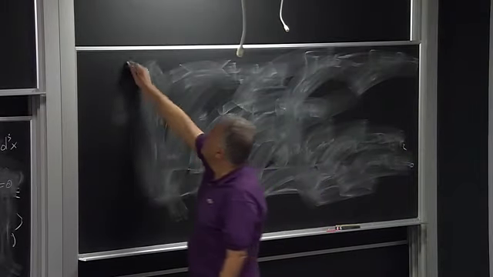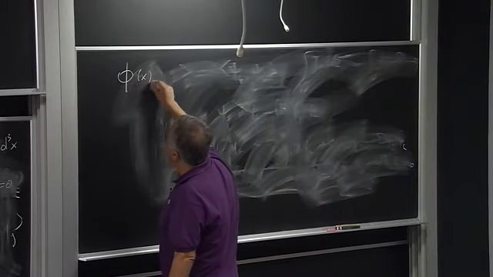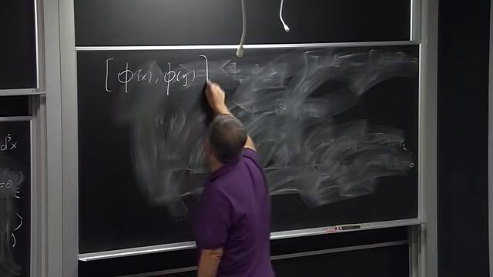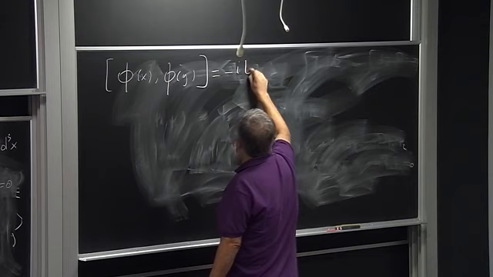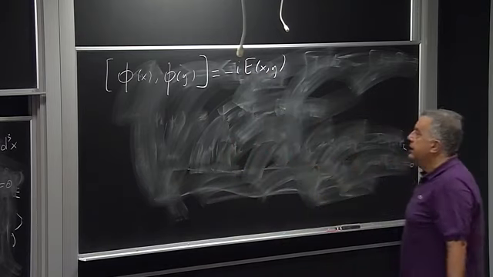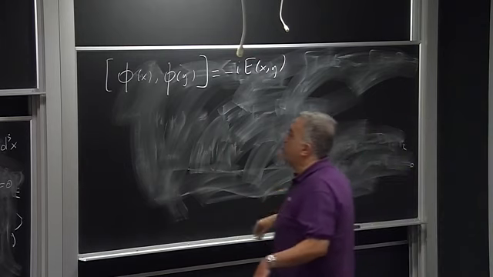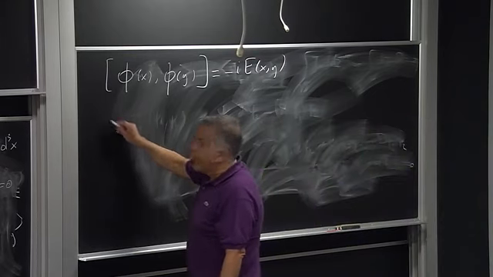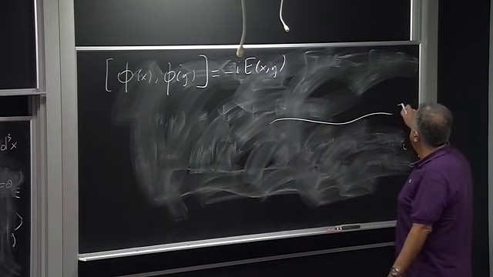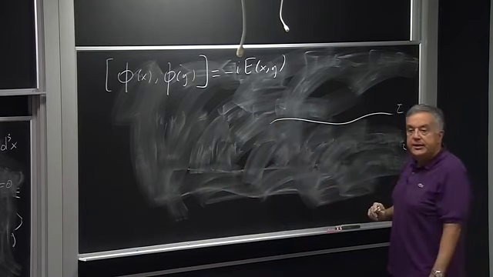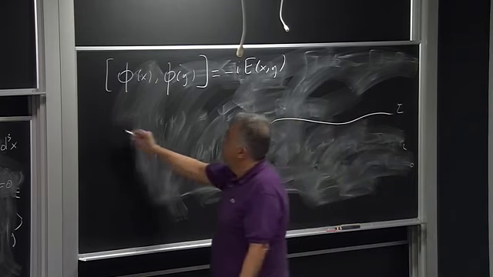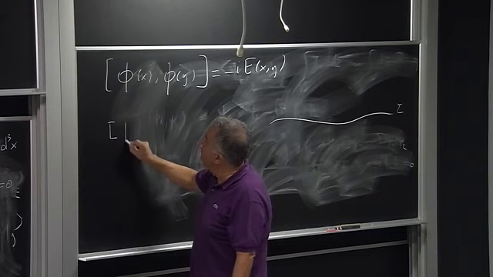The covariant commutation relation. Now we are on a general manifold which is globally hyperbolic, okay? They express in a covariant way the equal time commutation relation. So give yourself a Cauchy surface, a hypersurface sigma. This should be equivalent to this.